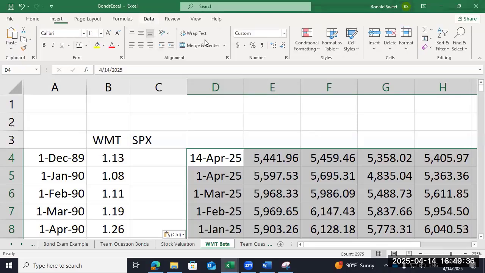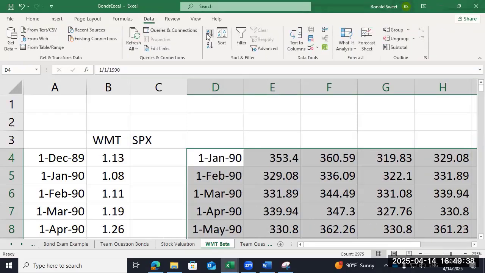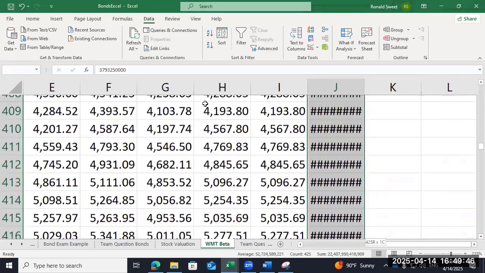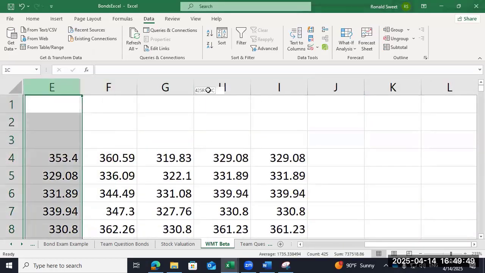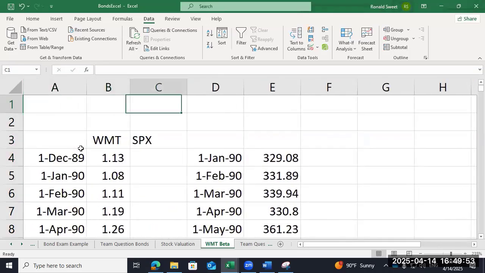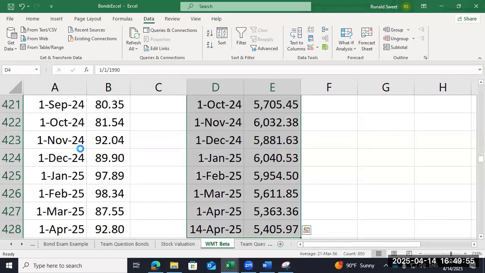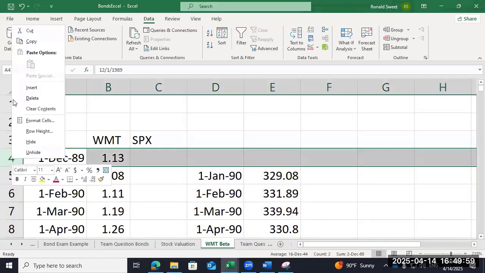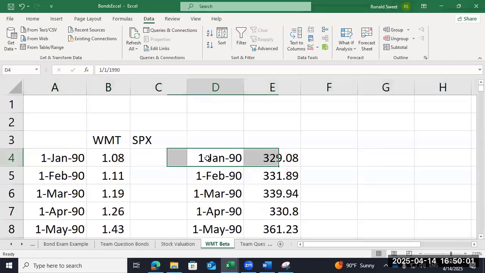And sort it. It didn't bring in 1989, so I don't have that one. And we just need the last column. Make sure your dates are lined up.